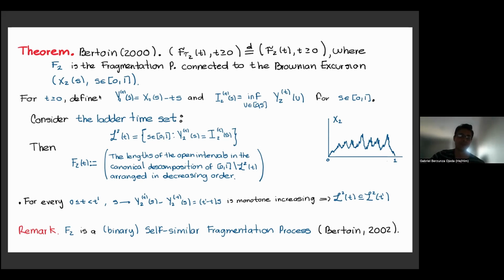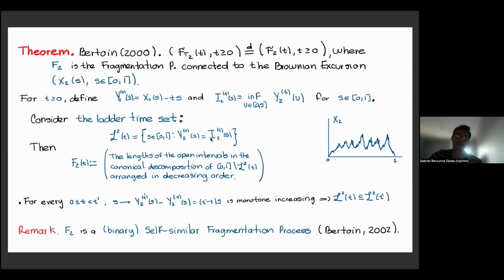So how do you define a fragmentation process using this excursion? Well, you define this process that I call Y_t^s, which is just the Brownian excursion minus a linear negative drift. Then you consider this process I, which is just the current infimum of the process Y. Then you define what is called the ladder time set, which are all the points where this process Y coincides with the infimum.